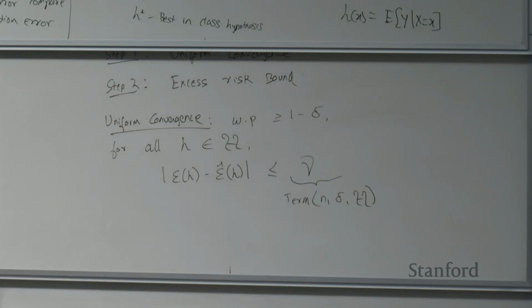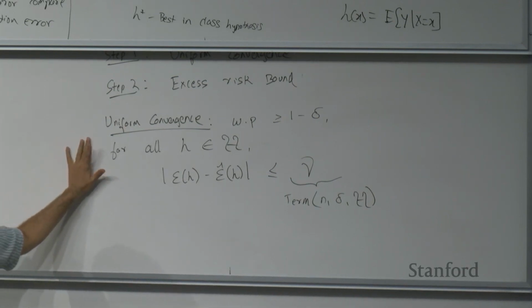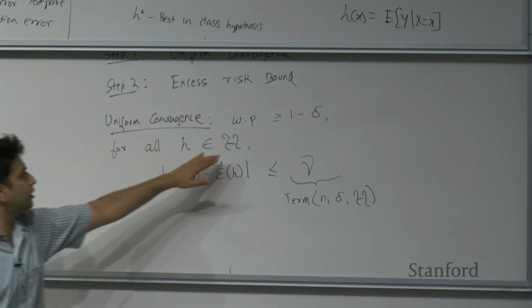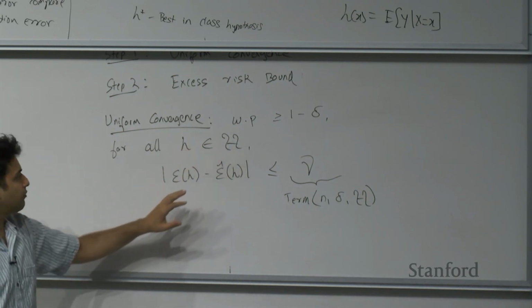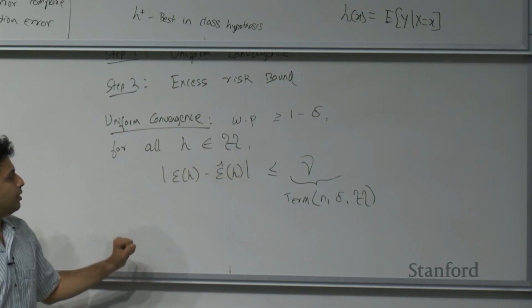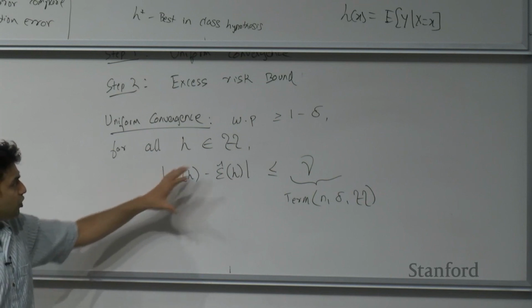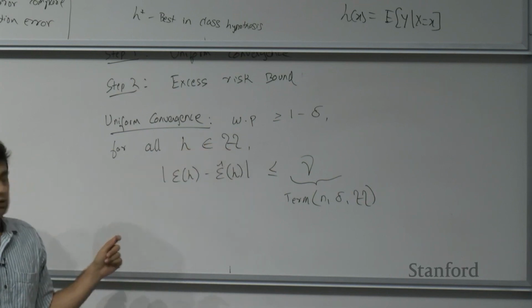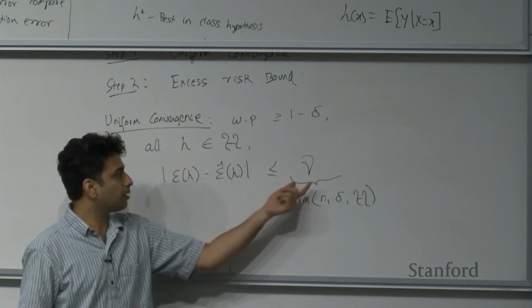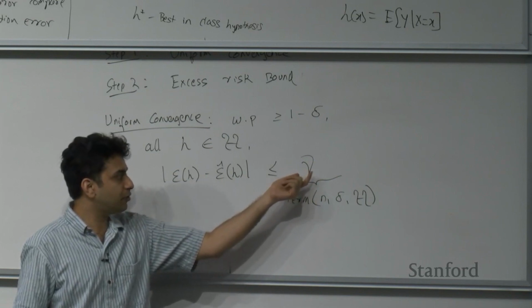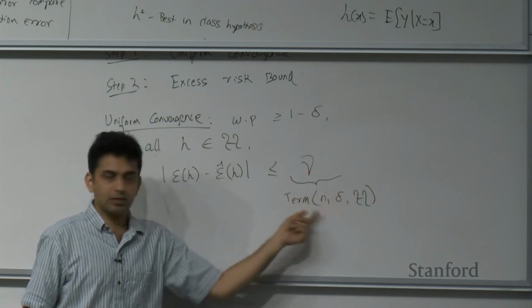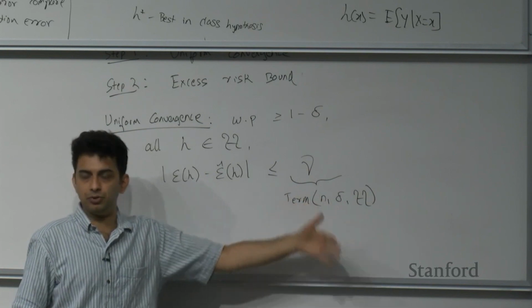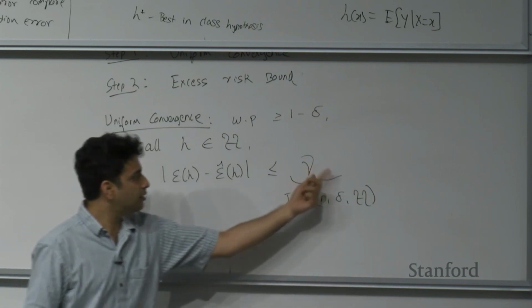So this is the standard template of all uniform convergence results, and the result is different for different classes of models and different loss functions. Depending on the class of model that you have, you will obtain a different term for gamma that uses these terms in some particular way. If you're using, say, SVMs, then this term is going to be different.